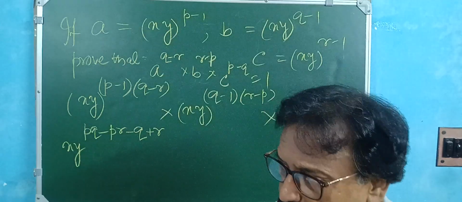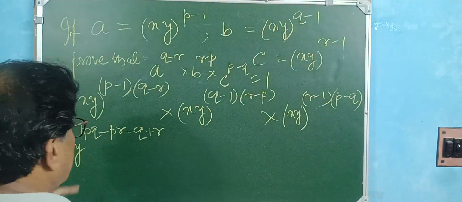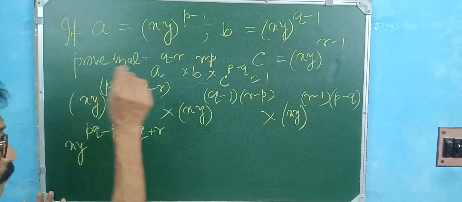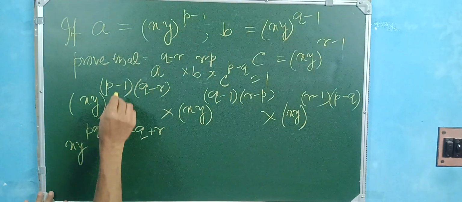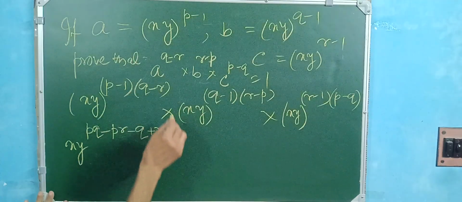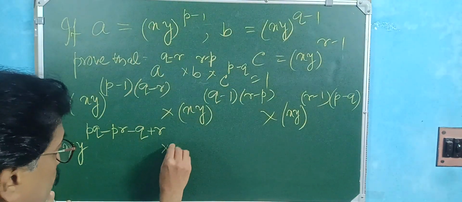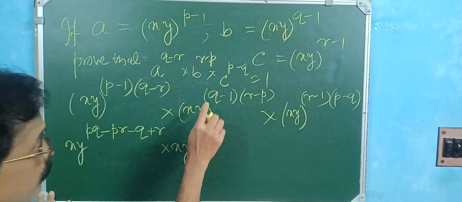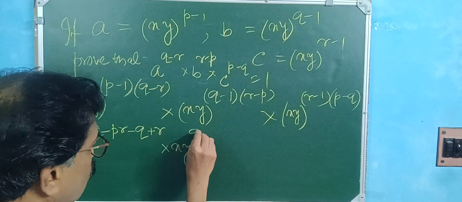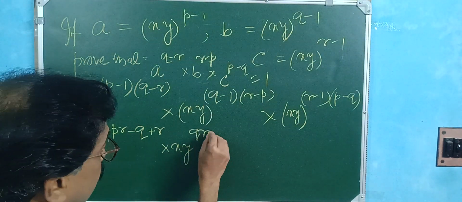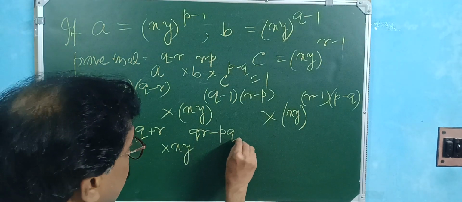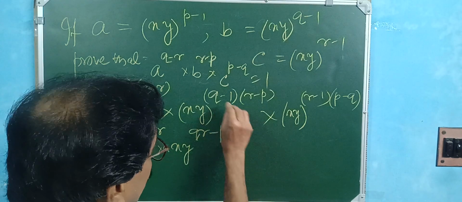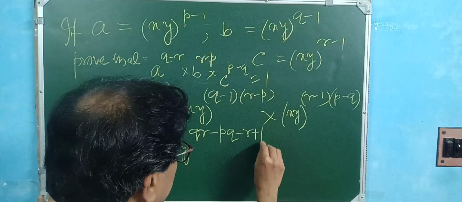In case of multiply, don't be confused and be careful for that, and always recheck p into q minus p into r minus r minus plus r. Now this is xy, q into r, so qr. This is pq, qp and pq are same. This is minus r, be careful, minus plus p.